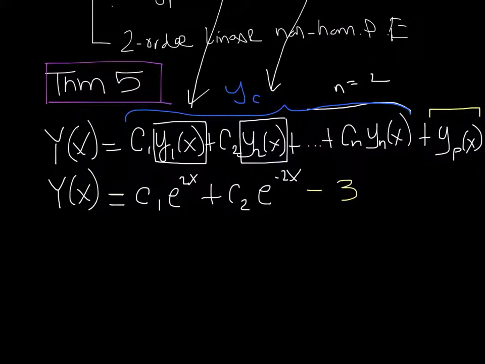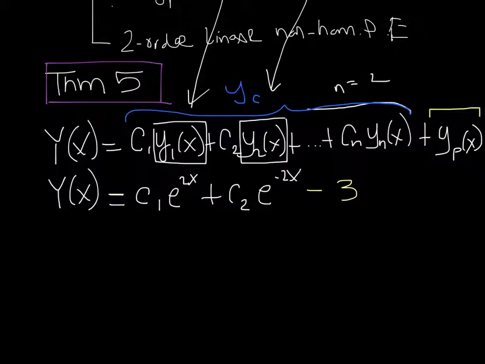So this is a general solution. Important terminology: this part is a general solution to the homogeneous differential equation. If we add this particular solution, the whole thing is a general solution to the non-homogeneous equation. A non-homogeneous equation always has an associated homogeneous equation.